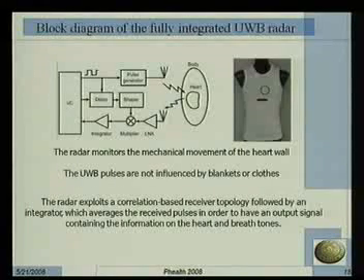The block diagram of the fully integrated ultra-wideband radar is represented here. We have the microcontroller which drives a pulse generator. An impulse is produced, it travels towards the heart, and then it is bounced off and captured by the receiver antenna.